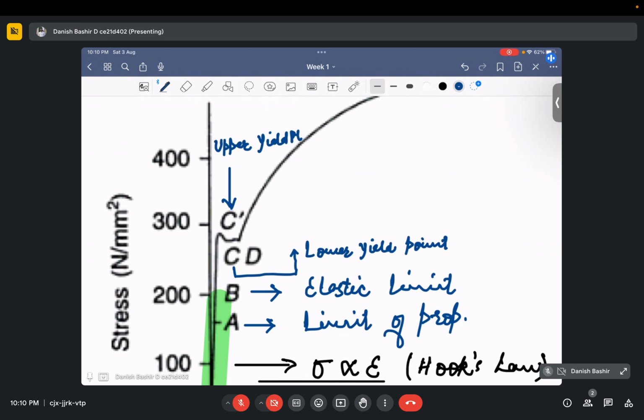After that, we have the CD region. I hope that is visible to you. It represents plastic yielding. Now the plasticity has started.